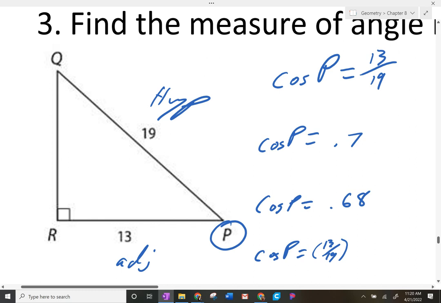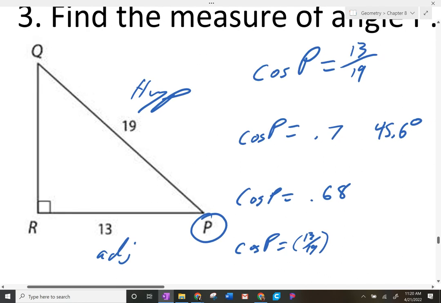For those who did 0.7, what'd you get? 45.6 degrees. Okay? If you did 0.68, what'd you get? 47.2 degrees. And if I went with the exact answer, it was 46.826.